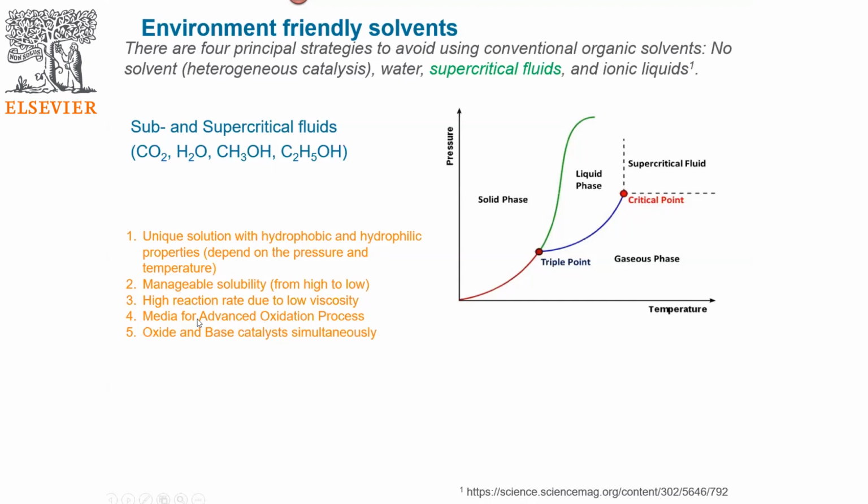And this is a very good medium for advanced oxidation processes, which we already discussed, coming back to chlorinated biphenyls. And also, if you deal with particularly water, it's an oxidative and base catalyst by itself.